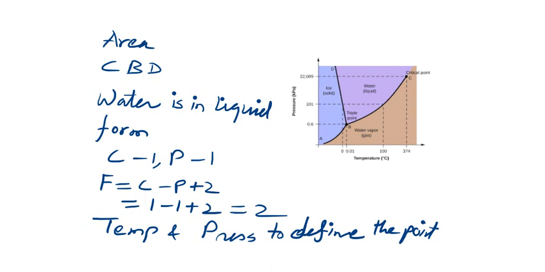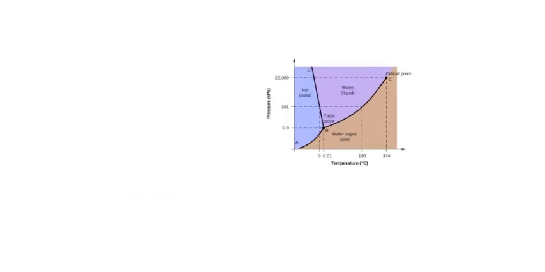We can similarly consider the area that is A, B and D. Area A, B and D has water in ice form.